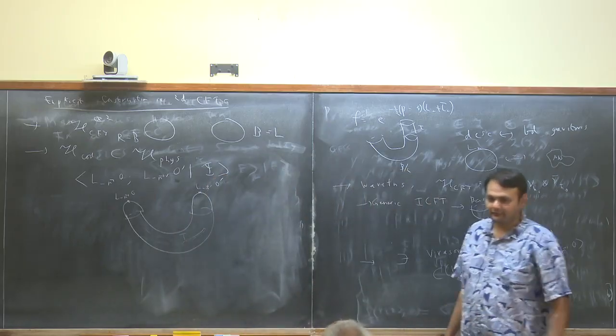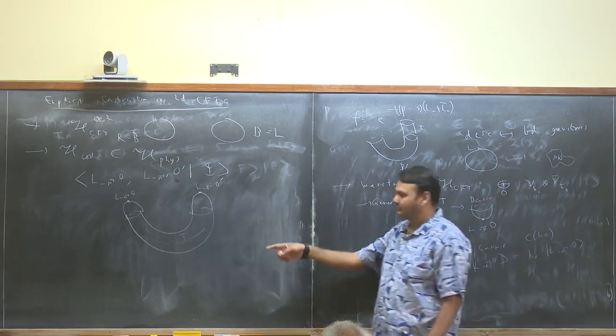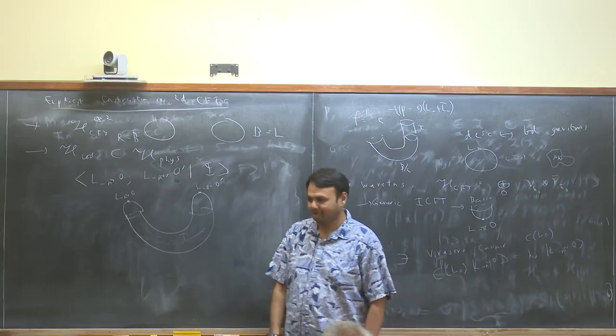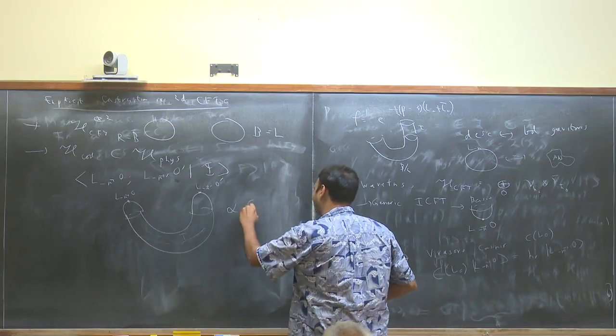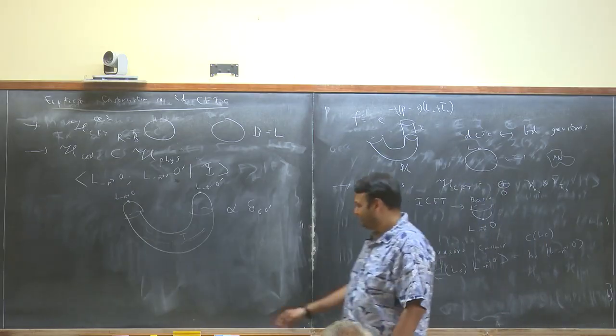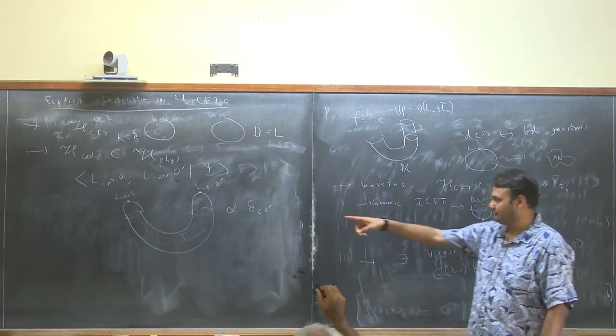Right. So now this is a sphere, conformally speaking, and it's a sphere with just two primary insertions O and O prime. So this is proportional to delta of O prime.